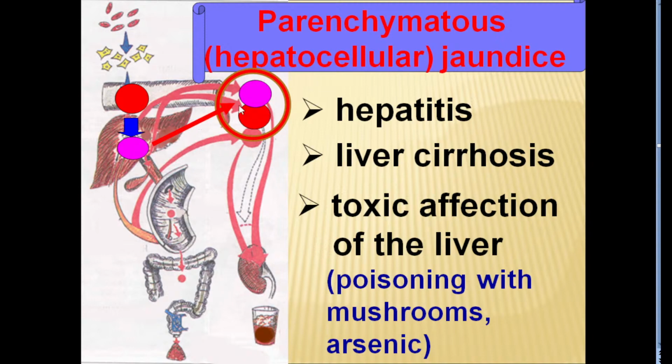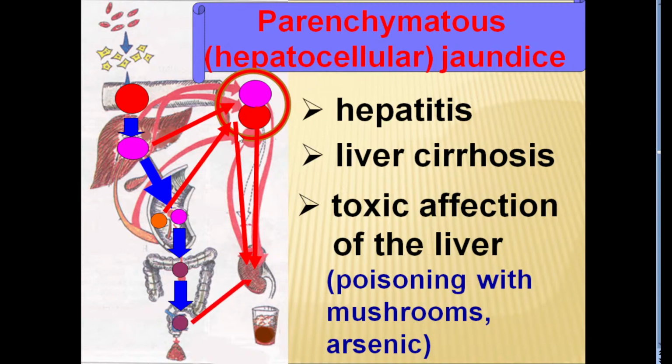If bound bilirubin is absorbed into the blood, the amount which goes through the gastrointestinal tract decreases and urobilin will be formed, but it also cannot come back because of affection of the hepatocyte, it is absorbed into the blood.